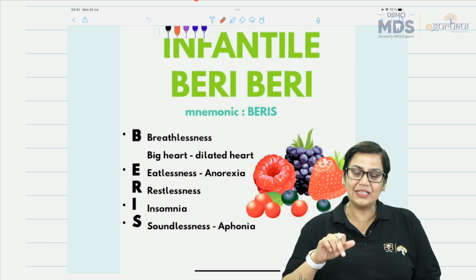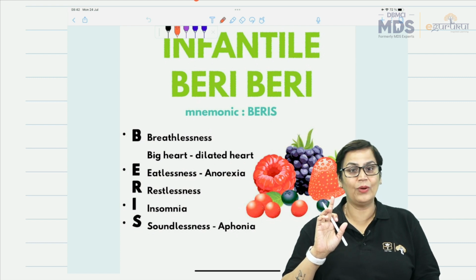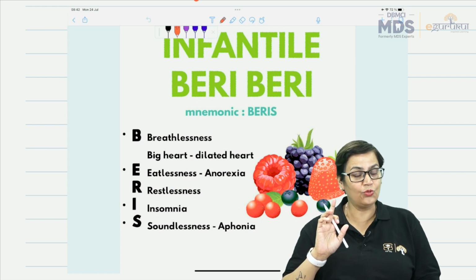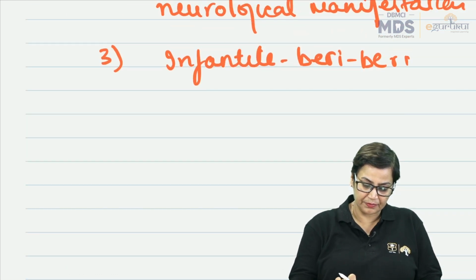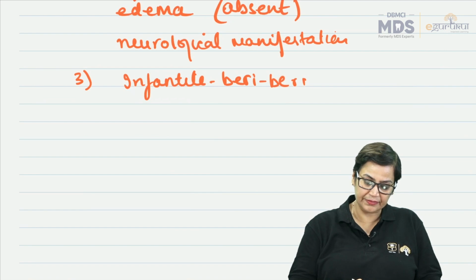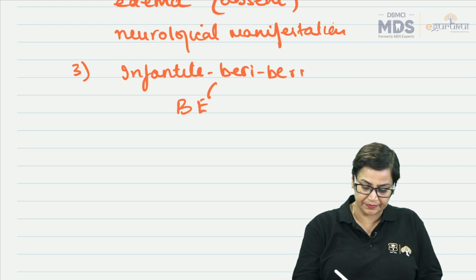Okay? So these are the deficiency manifestations of vitamin B1, whose active form is TPP. I'll just write here the mnemonic is berries.